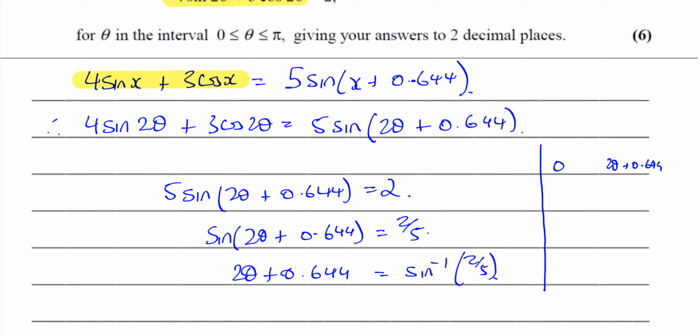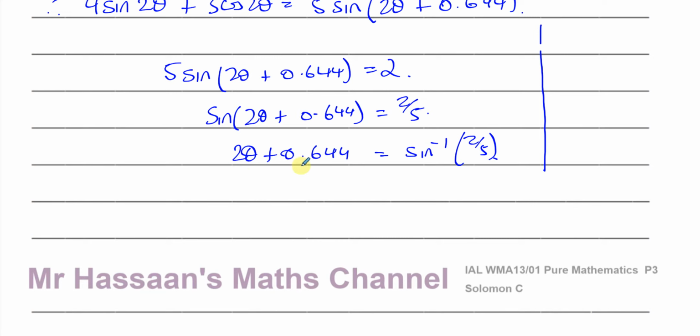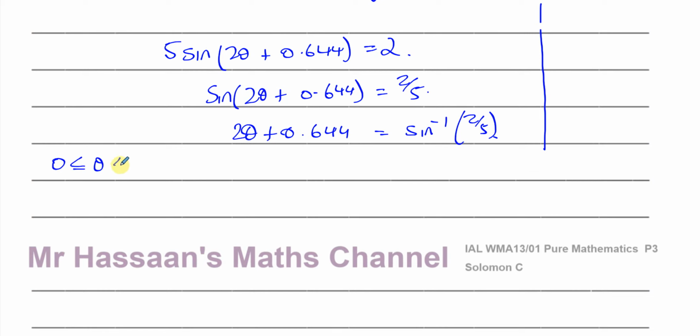Let me give myself some more space. Okay, so we have to change the range. So at the moment it's got 0 is less than or equal to theta, less than or equal to pi. We have to change it. So the middle part says 2 theta plus 0.644.